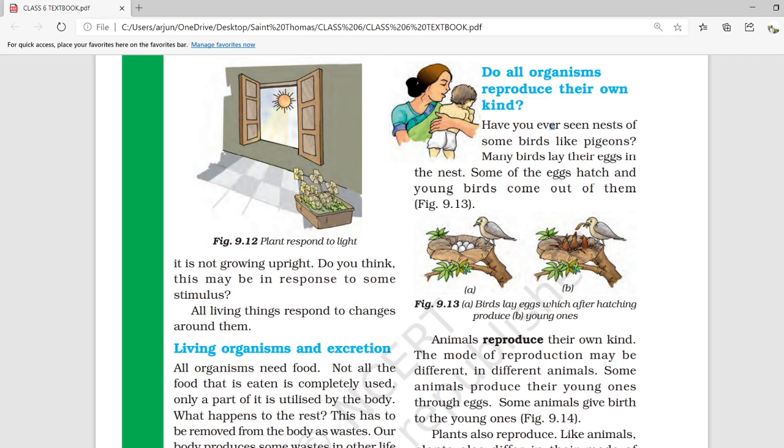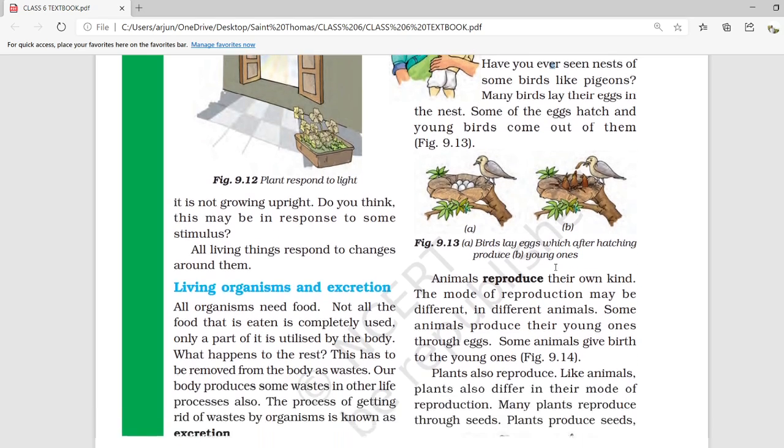As shown in figure 9.12, the plant responds to light. Wherever they find sunlight, they move toward it. Do you think this may be in response to some stimulus? Yes, this is a response to light. All living things respond to changes around them.